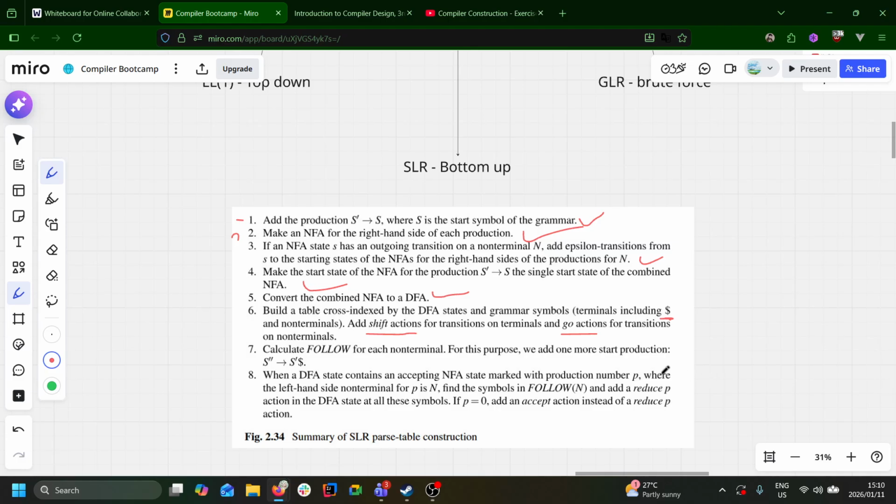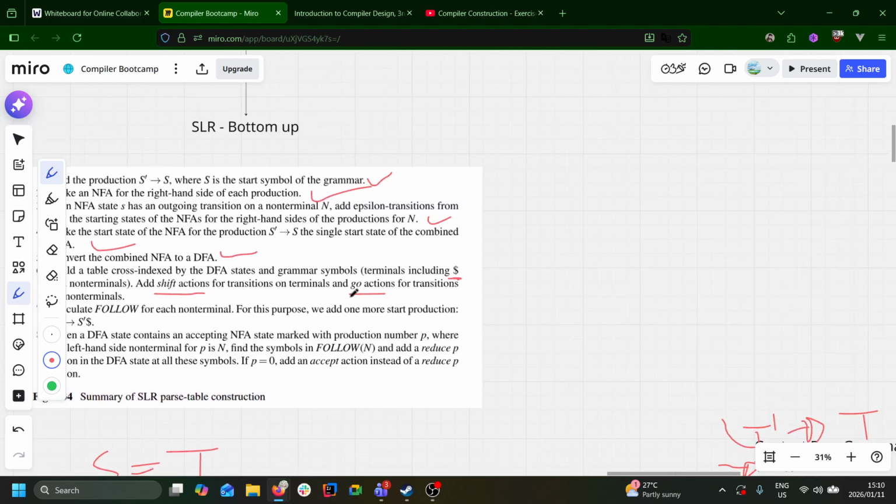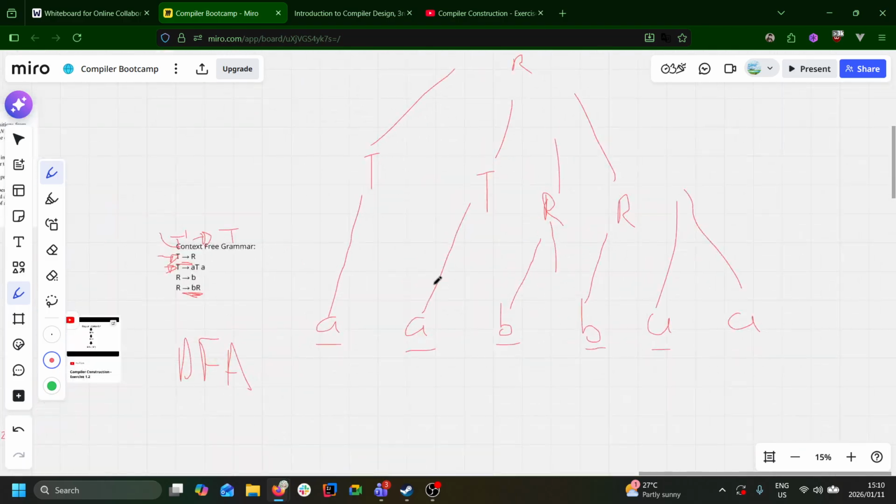Actions in the case of SLR are the steps you take when generating your tree. For example, let's go back to when we were doing this over here. Us going from here to here is shifting, where we're shifting from this token to that token.